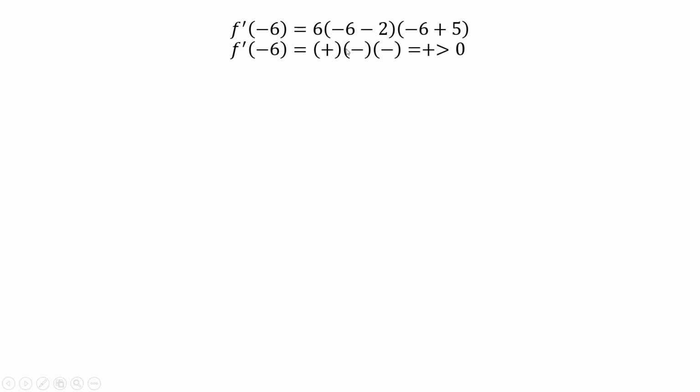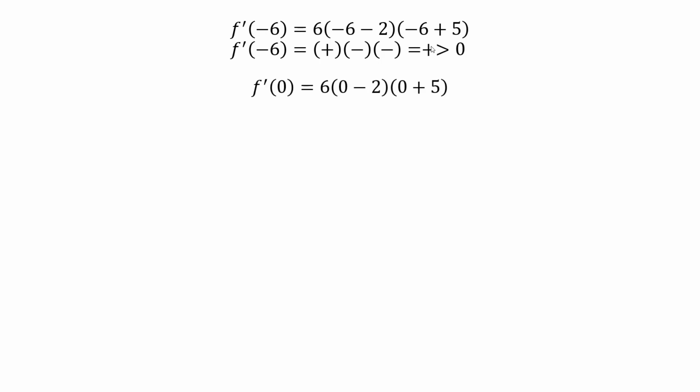So I have a positive times a negative times a negative, which is going to give me a positive. Again, the actual number doesn't matter, just its sign does. So you don't even have to calculate it. You just need to know, is it positive or is it negative? And here we saw that it was positive. Whatever holds true for one value will hold true for all values. So the derivative is positive on that entire interval.